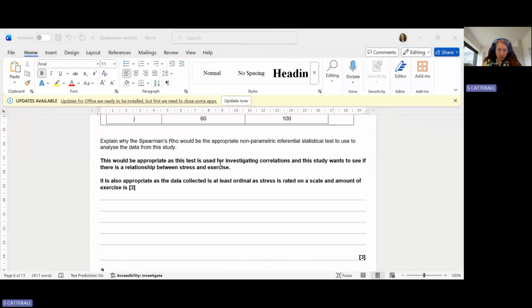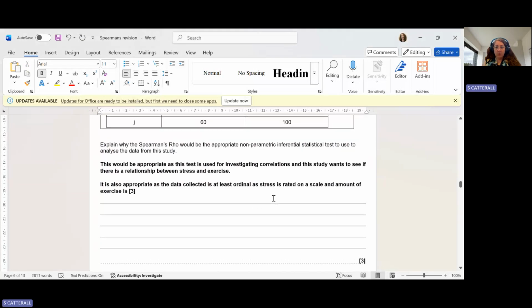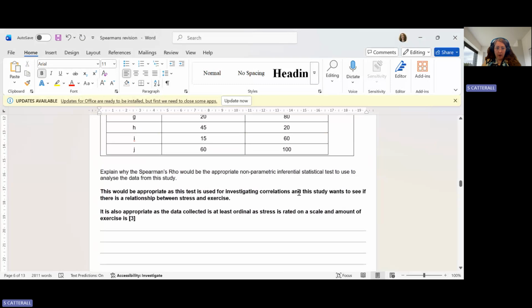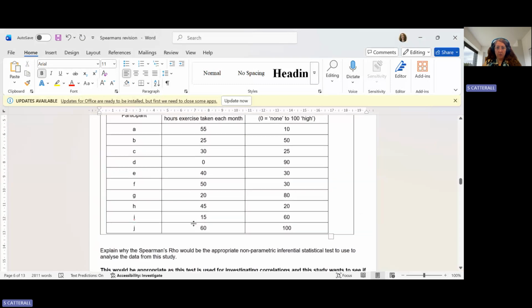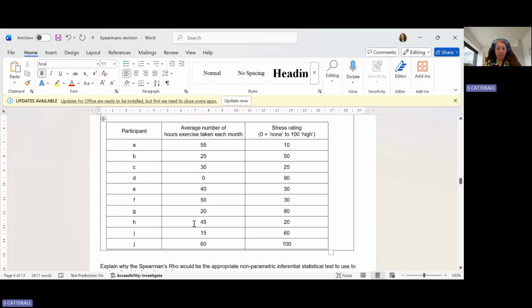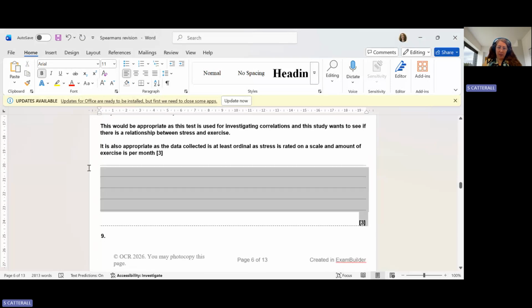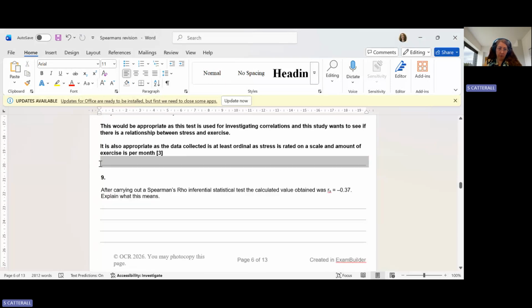Let's just see, yes, we've got the stress on a scale, and the amount of exercise per month. Technically that one is interval, but I won't put it in the answer because it's just not really needed. I think that's probably fine.